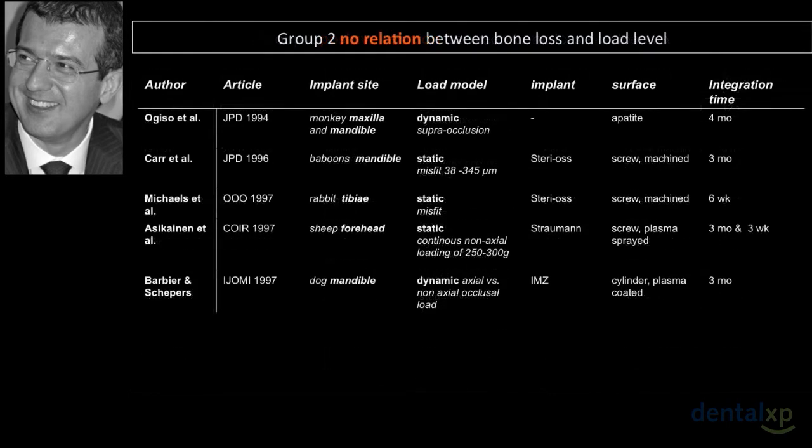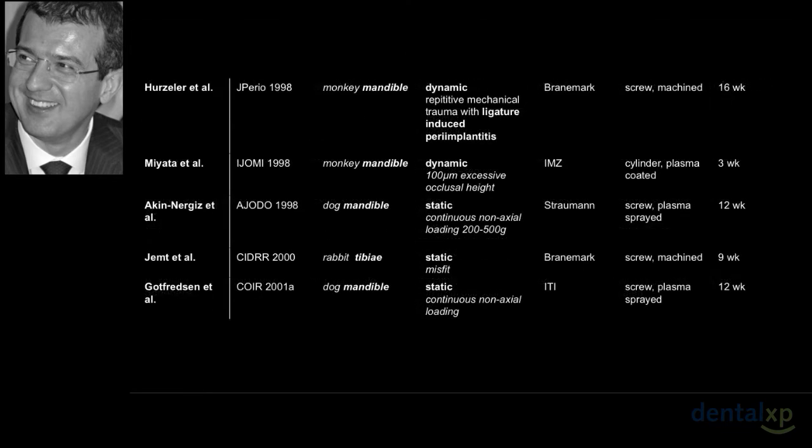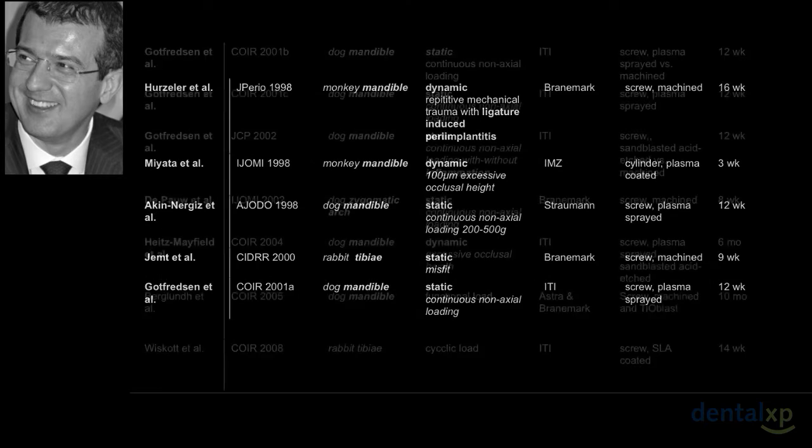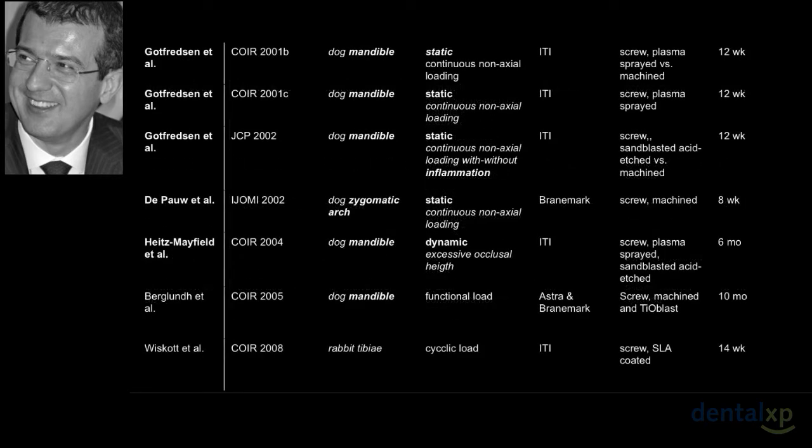When we look at the group of studies with no relation between bone loss and load level, actually this is a much larger group. Here we have 5 studies, here we have 5 more studies, and here we have 7 more studies. And some of these studies are very popular.